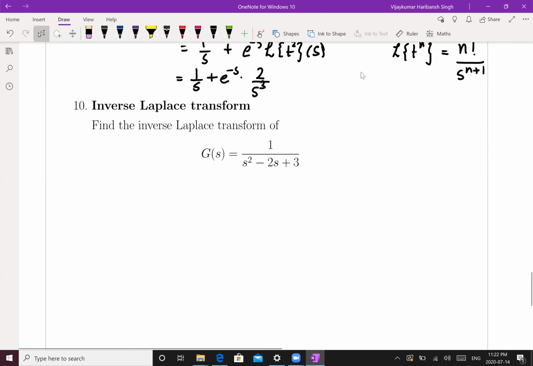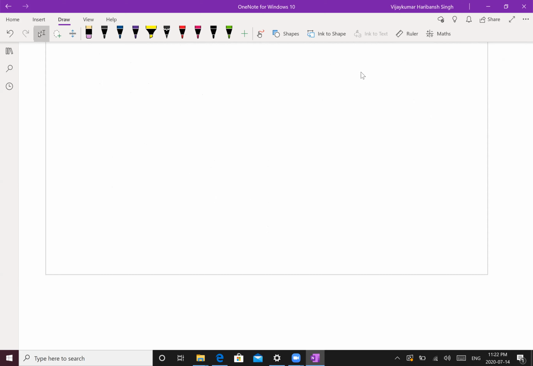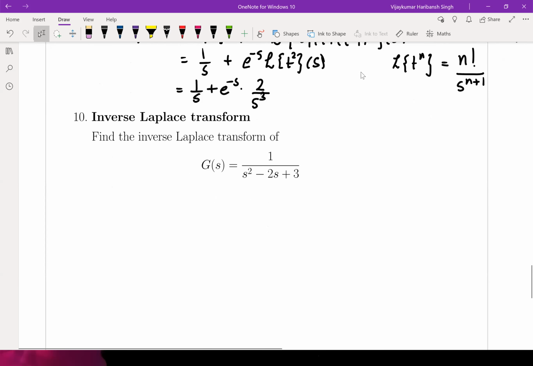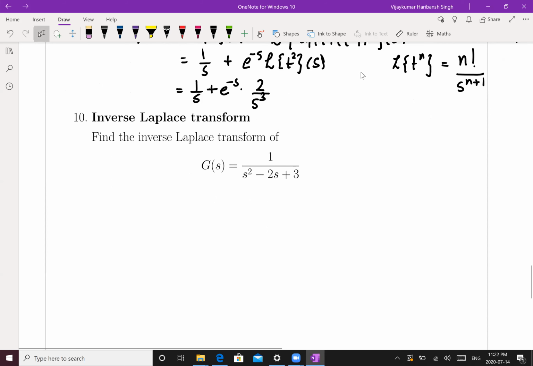Now let's work on this problem. Find the Laplace inverse of G of s, which is given by 1 upon s squared minus 2s plus 3. So first thing is we'll complete the square.